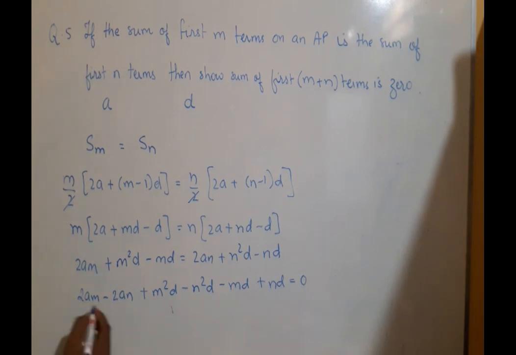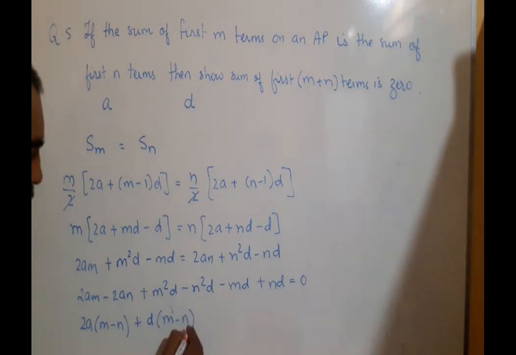Now what we'll do here, we'll take out the 2a common. So I get m minus n plus, I take the d common. So I get m square minus n square, but that is m minus n into m plus n. I hope you remember this formula: a square minus b square is a plus b into a minus b.